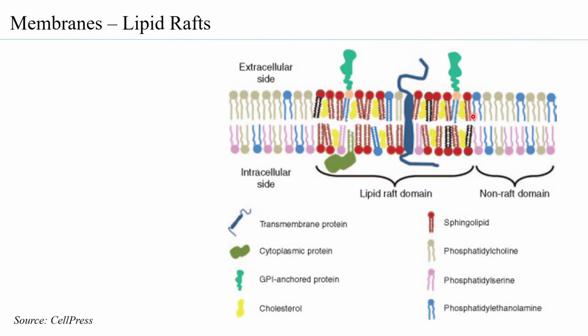You can have the sphingolipid holding a transmembrane protein, a sphingolipid attached to a GPI anchored peripheral protein, or bound to a cytoplasmic protein. Now, all of these coming together and interacting with each other is forming a domain within the membrane.